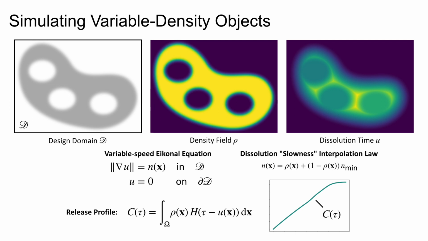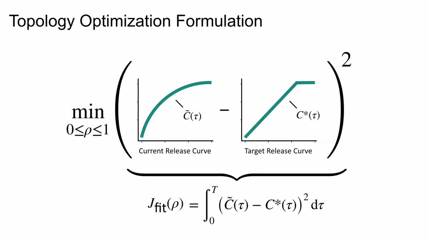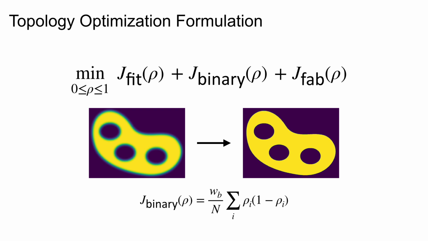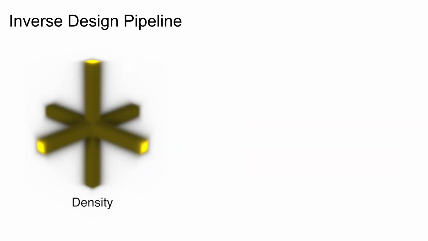The solution field tells us the dissolution time of each point, and then we can again calculate the release curve by evaluating an integral. Our topology optimization then uses this simulation and its gradient to improve designs to better match the target release profile. We include additional objective terms to promote binary designs for single material fabrication and to ensure layer-by-layer fabricability.